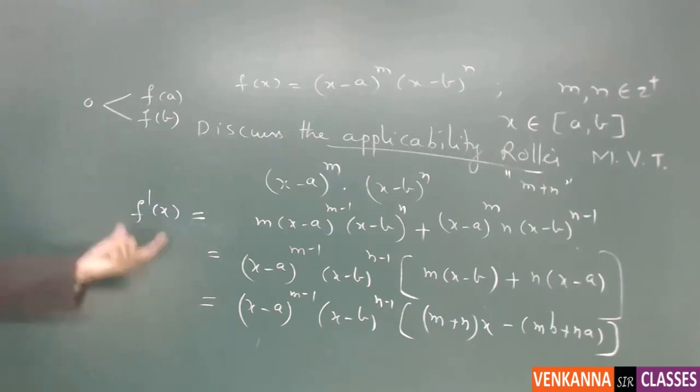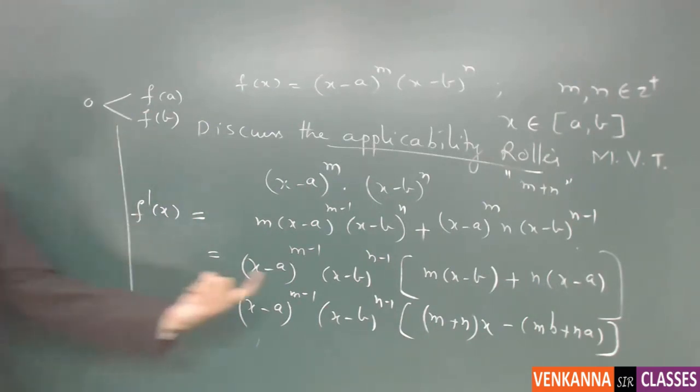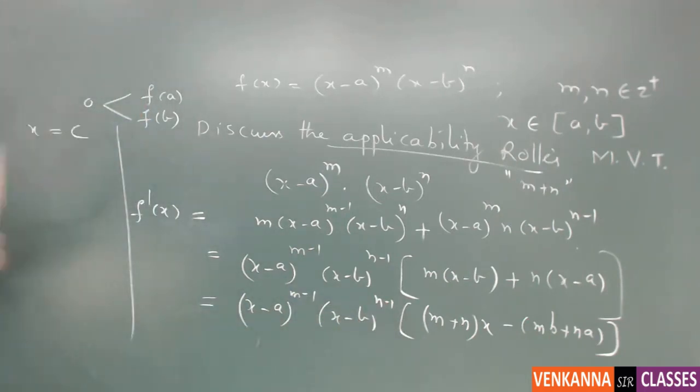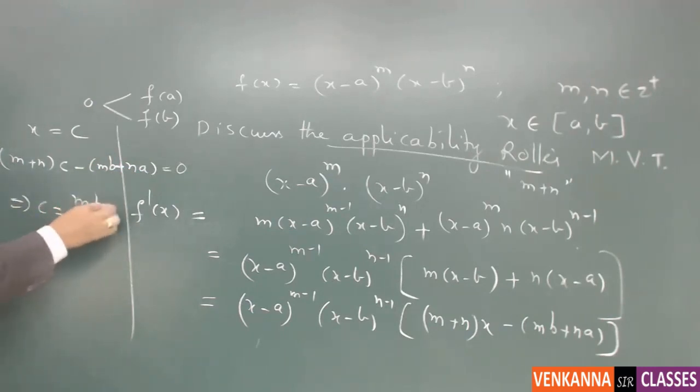So if you make the derivative value as 0, that means this product equal to 0, and if you put x is equal to C there, then you have m plus n into C minus of mb plus na is equal to 0, implies C is equal to mb plus na by m plus n. This is the value of C.